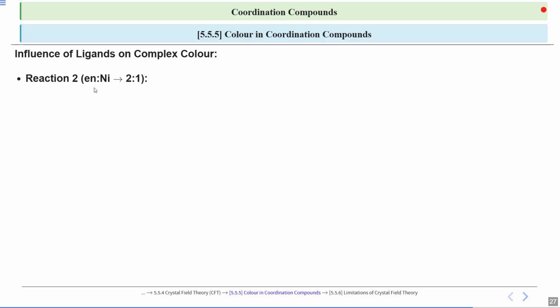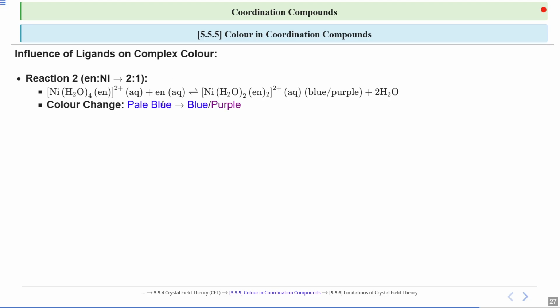Reaction 2 is when the ethane 1,2 diamine to nickel ratio is 2:1. You take the complex which was already made in the 1:1 reaction, then add one more ethane 1,2 diamine. The complex formed will be nickel H2O(2) En(2), which is blue or purple in color, and two water molecules come out of the complex.